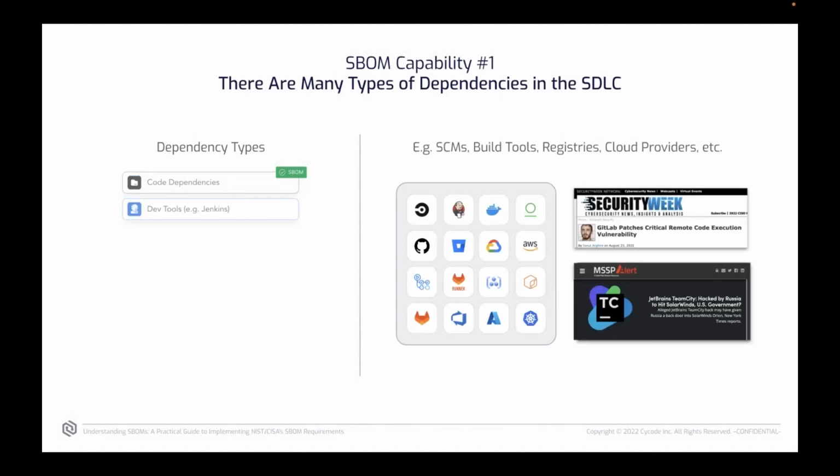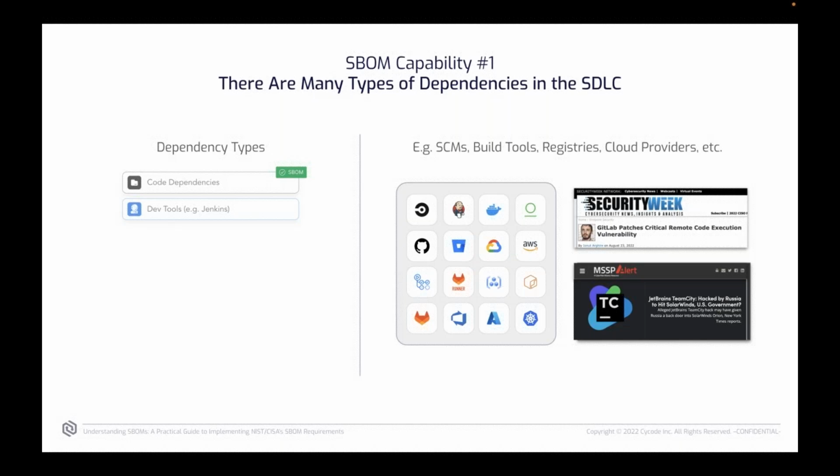So, for example, you can look at dev tools. These are dependencies that you use, and you use quite a lot of them, and they have been the entry point for various different exploits. So SolarWinds used a TeamCity server to infiltrate the supply chain, as a nation state attack.